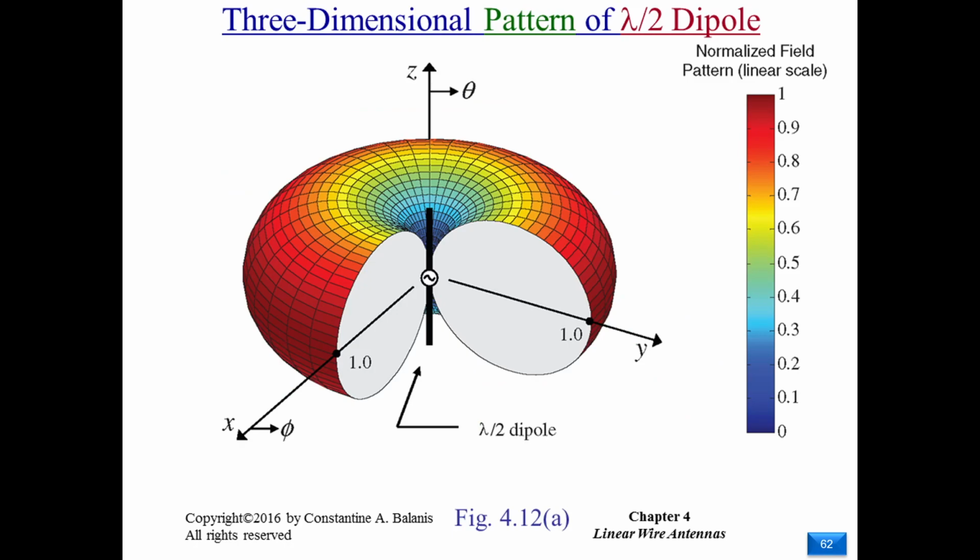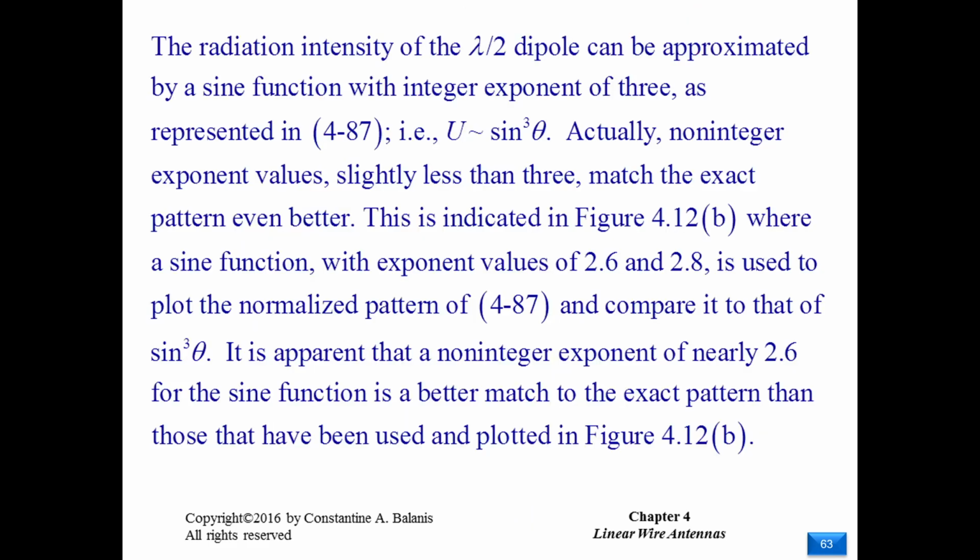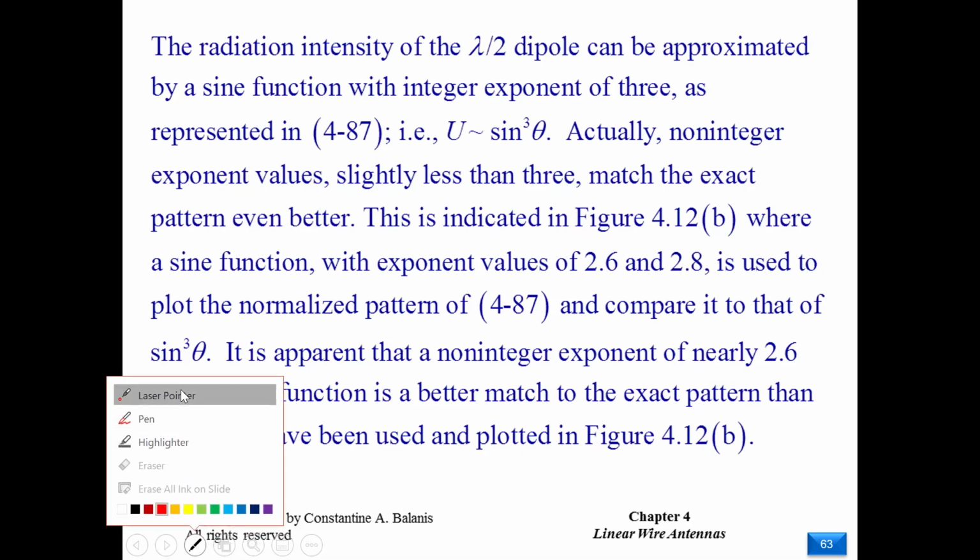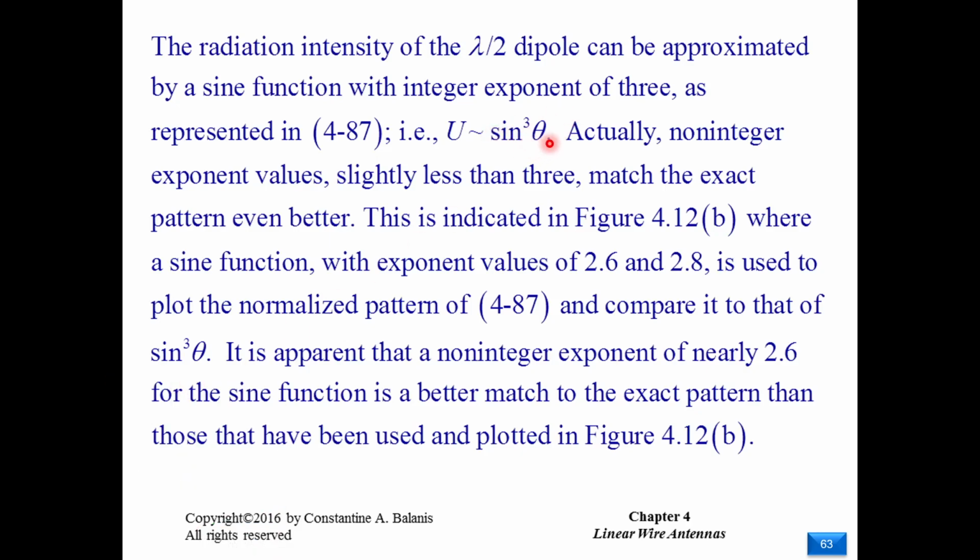The radiation pattern is this H shape, or the sine cubed of theta dependency. This is for the power, and we can see that the intensity can be approximated by sine cubed of theta, and there are other approximations like sine to the power 2.8 or sine to the power 2.6.